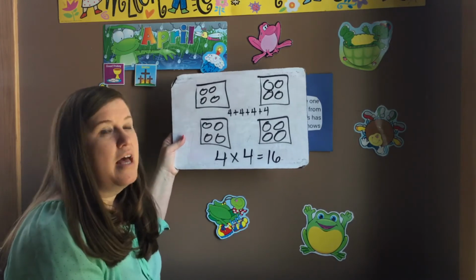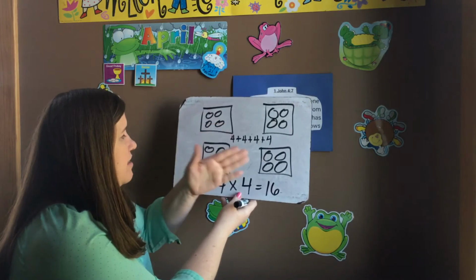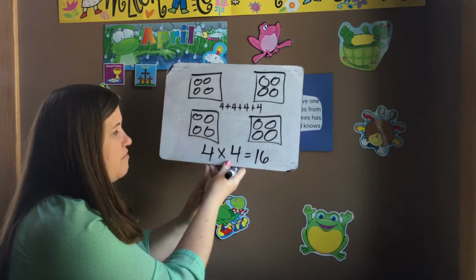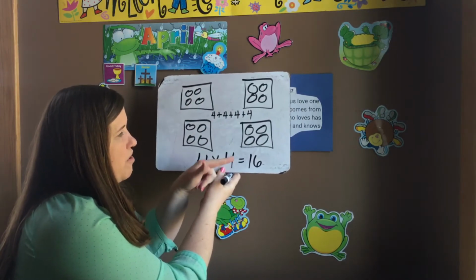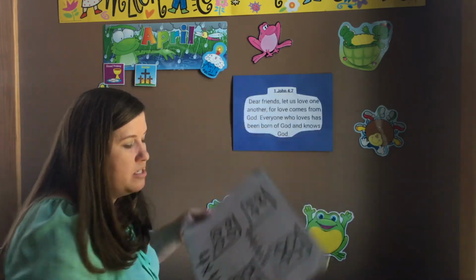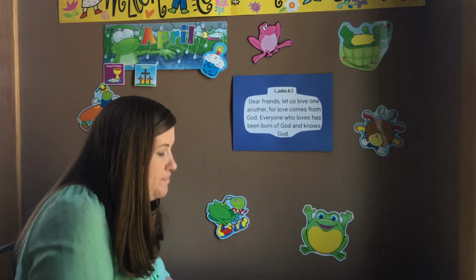Okay, do you see how those sets and the amount in the sets are added together to make the total, but we can write it like a multiplication problem. 4 times 4 equals 16 because there's 4 sets with 4 in each box. So it's 4 times 4. Let's do another one.